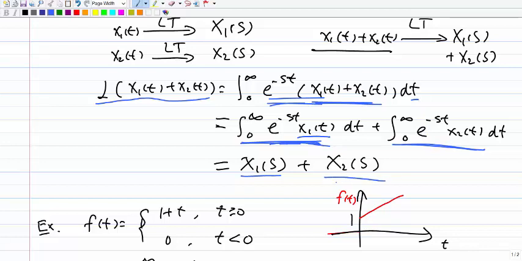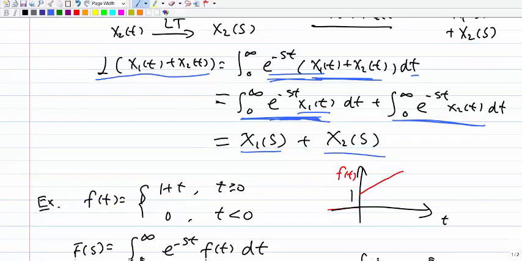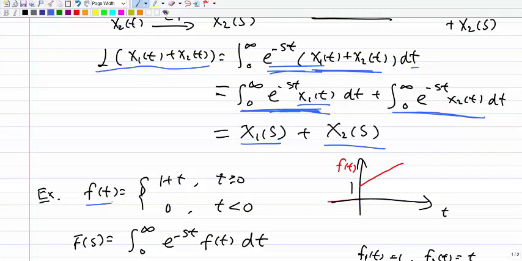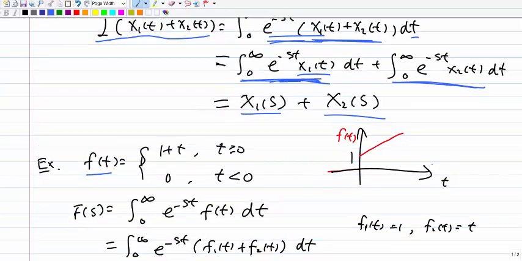For example, suppose I give a function f(t) which is 1 plus t for t greater than or equal to 0, and f(t) is 0 for t less than 0. This is a plot of what f(t) looks like.